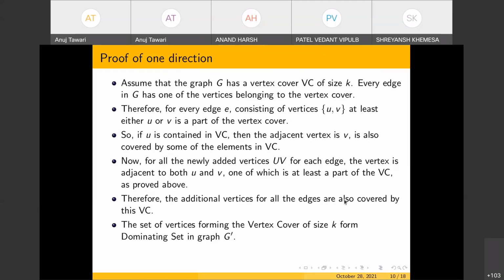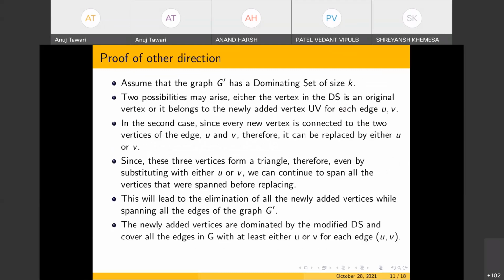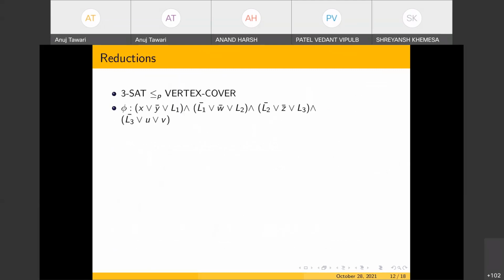Okay, so this is one reduction we have done today. Now let's move on to another, which is difficult to prove, but once you get the idea, it is very easy in fact. So I'll give you some time to work out this particular thing. Now we want to show that vertex cover is NP complete.